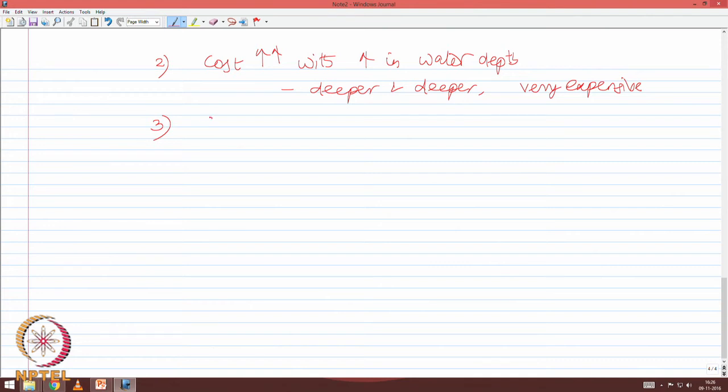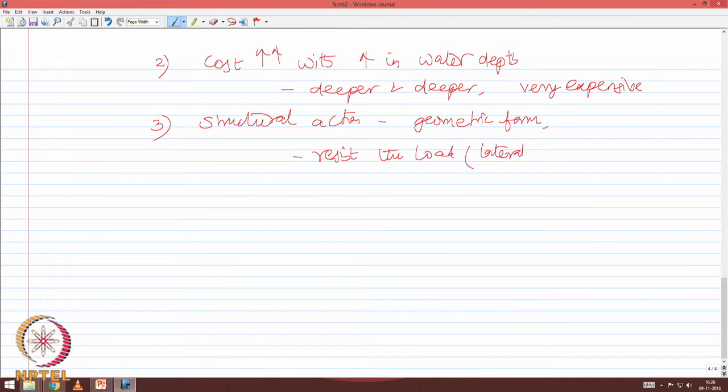Considering the structural action of this platform, which arises from the geometric form, they actually resist the loads, to be very specific lateral loads, by virtue of their weight and fixity, that is, support condition.